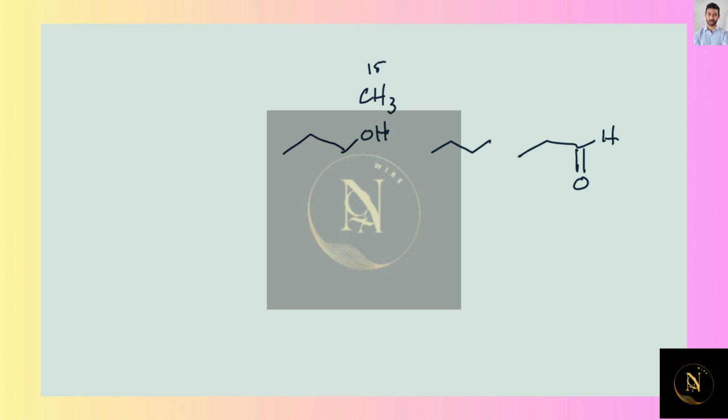So the highest boiling point, number 1, is going to be the alcohol, followed next by the aldehyde, and finally by the alkane. So in terms of boiling point, the alcohol is the highest, then the aldehyde, and then the alkane.